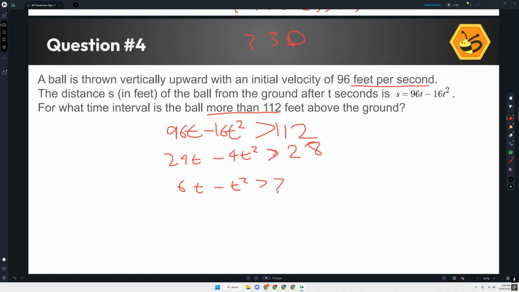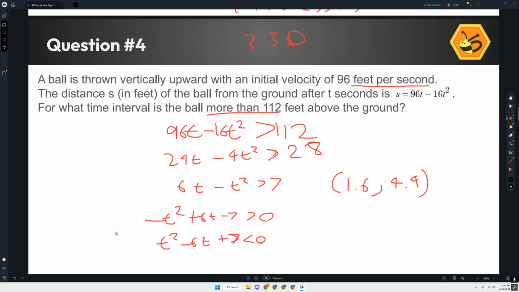Then you could try factoring this if you wanted to. It becomes t squared minus 6t plus 7 less than 0. You wouldn't be able to factor it anyway, so you need Desmos or a TI-84, where you would get 1.6 to 4.4.